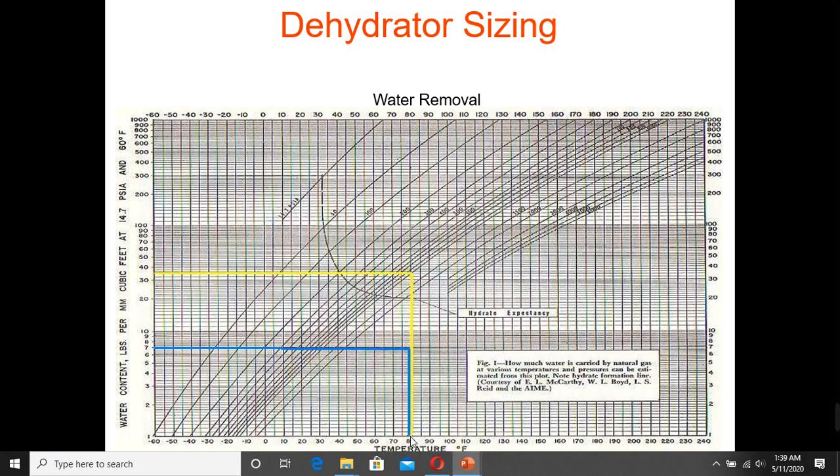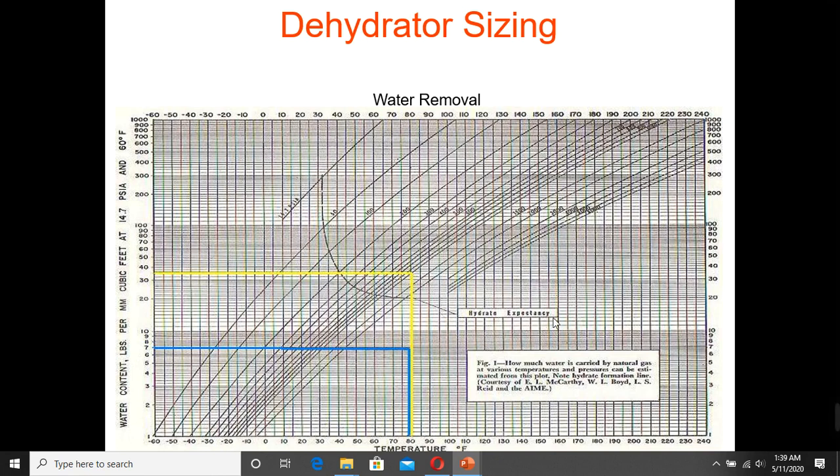At 80 degrees centigrade, at the pressure line of this one, the gas can keep almost 7 pounds per million cubic feet. But at 1000 psi, you can see the water is around 35 pounds per million cubic feet.